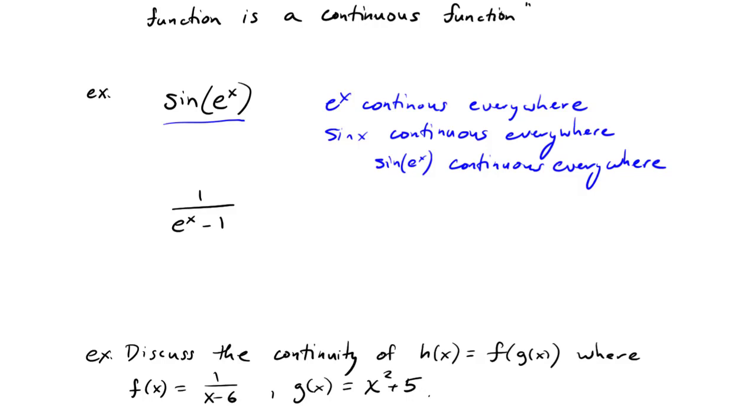Okay, great. Now, let's look at the next one. Well, we've got 1 over e to the x minus 1. So this is like considering g of x to be e to the x minus 1, and then f of x to be 1 over that. Okay, so those are the individual functions.